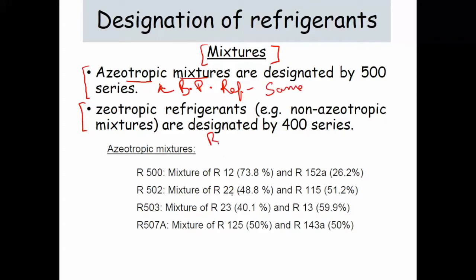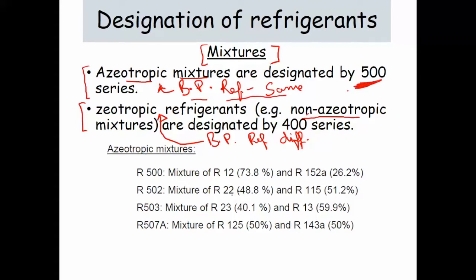If the boiling point of the refrigerants is different, then we designate that as zeotropic, which we can also say is a non-azeotropic mixture.